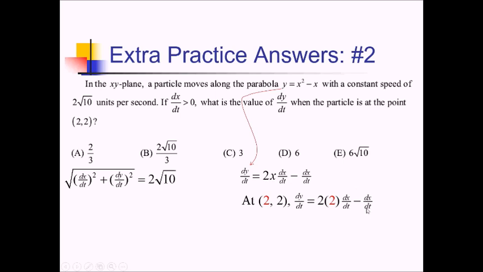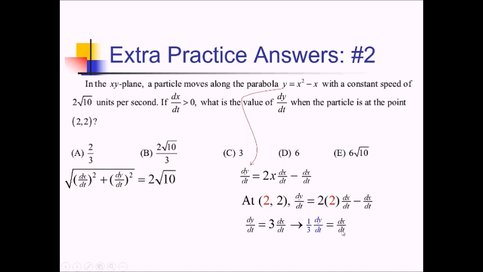That's 3 dx over dt. dy over dt equals all that stuff, but we want to substitute for dx over dt itself. So I'm going to isolate dx over dt by dividing both sides by 3. So then that means that 1/3 dy over dt can be substituted for dx over dt.